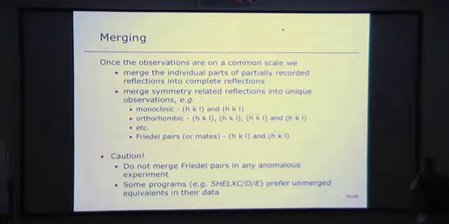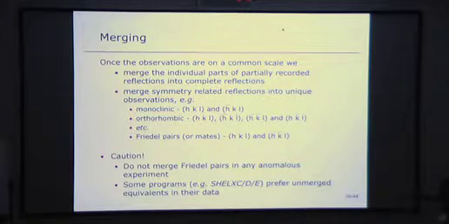Once reflections are on a common scale, we want to do two things. We merge together the individual parts of partially recorded reflections to get fully recorded, complete reflections. And we also want to merge together symmetry-related reflections into unique observations.